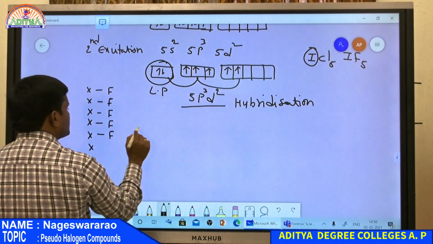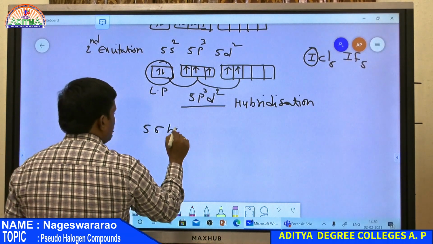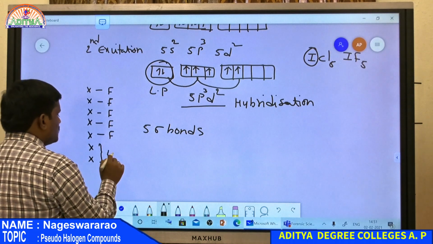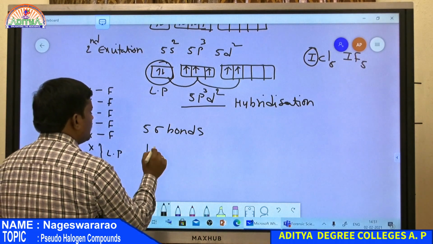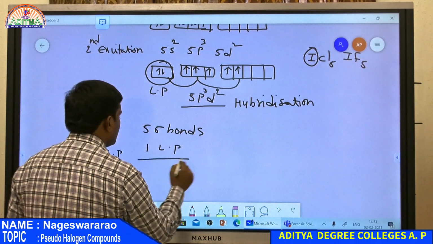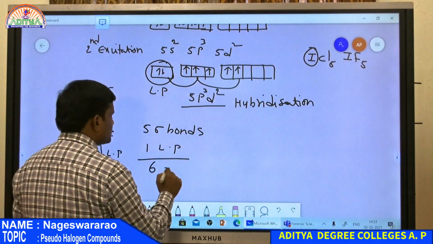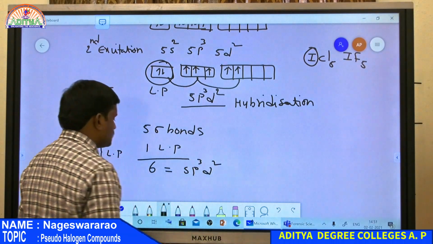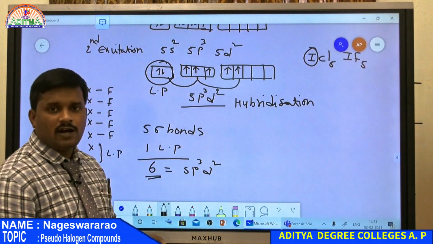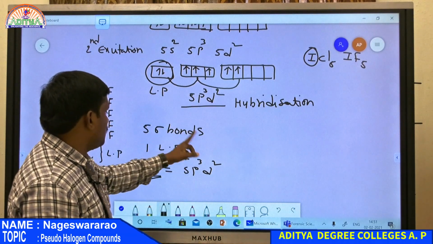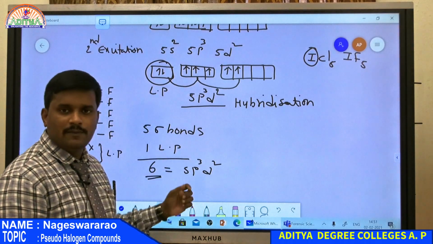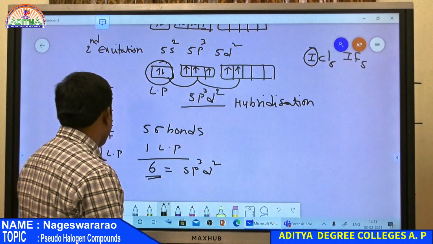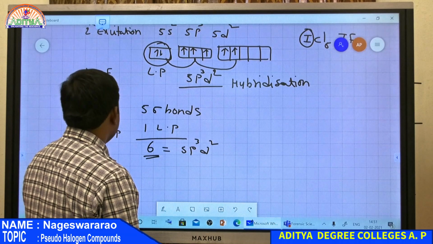Therefore, there are 5 sigma bonds, and only a single lone pair of electrons. So it has 5 sigma bonds and 1 lone pair, therefore 5 plus 1 is 6. If the value is 6, then it undergoes sp3d2: 1 plus 3 plus 2 is 6. If a compound has 5 sigma bonds and 1 lone pair of electrons, then the hybridization of the central atom is sp3d2. Now geometry. So what is the structure?